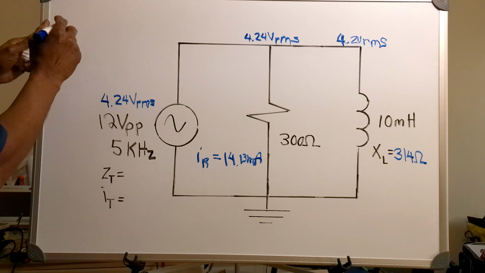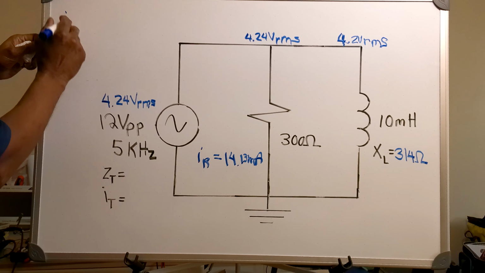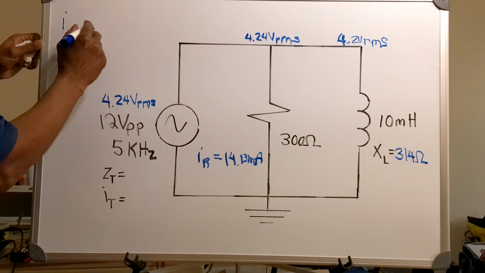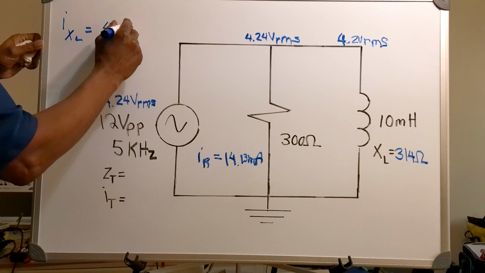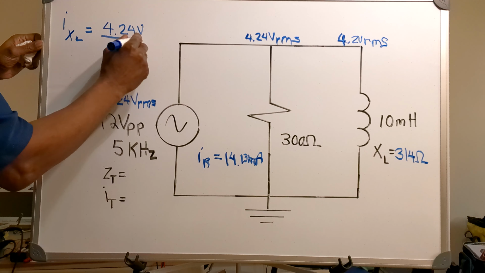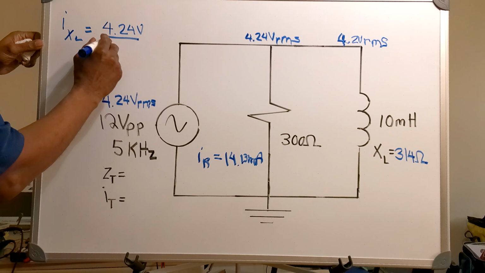I don't think I made myself completely clear. So I'm going to write my current again. I equals 4.24 volts over 314 ohms.